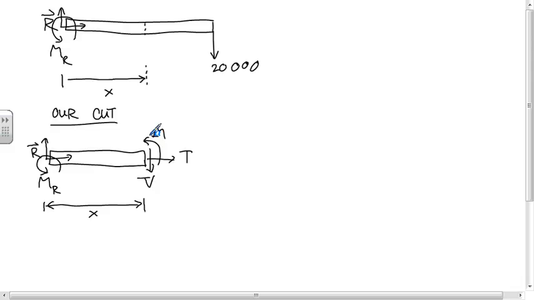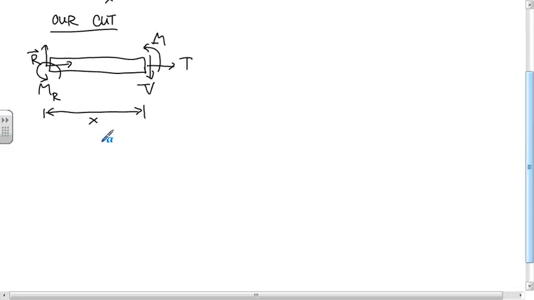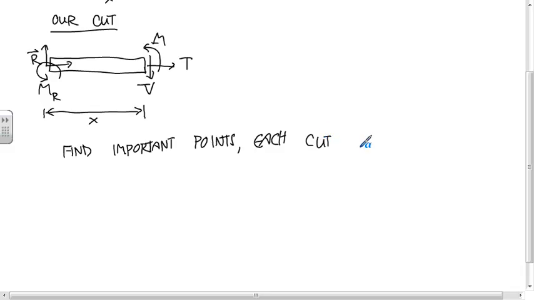So when you find your important points, each cut represents all x values from one important point to the next.